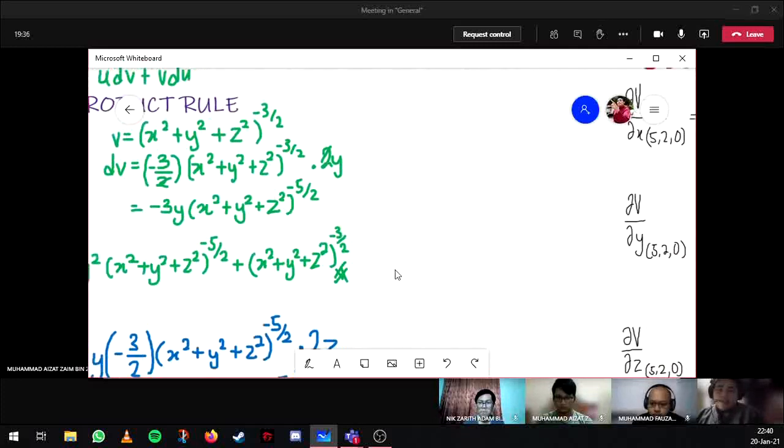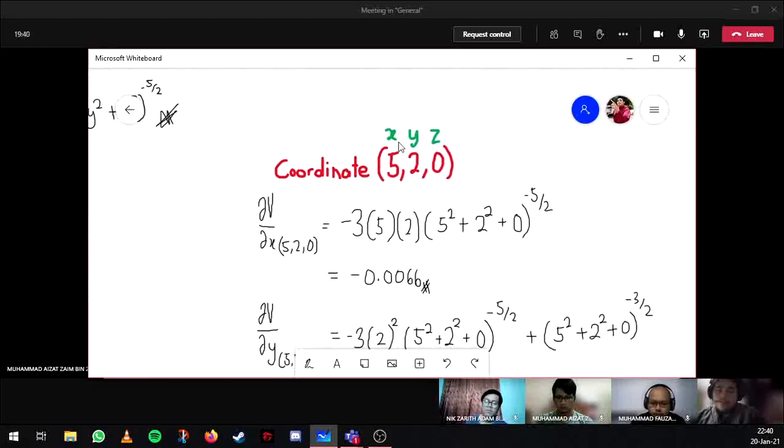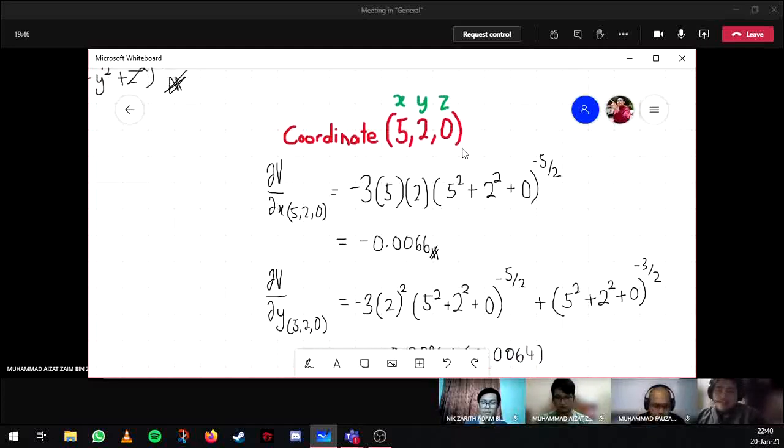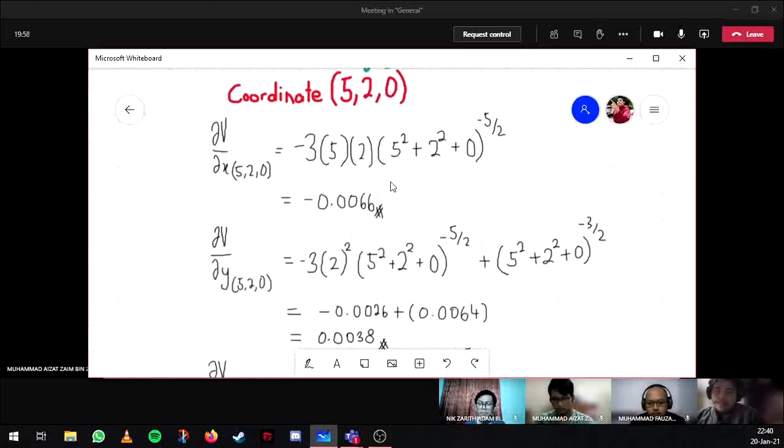And lastly, since we know the coordinate, which is (5, 2, 0), x is 5, y is 2, z is 0, we just insert it into delta v over delta x, delta v over delta y, and delta v over delta z.